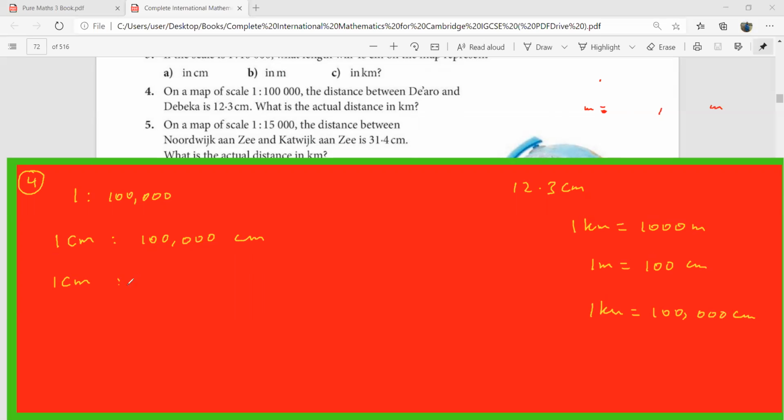Okay, so this means 1 cm is clearly representing 1 kilometer. Yes. So if there is 12.3 cm on the map, this is exactly 12.3 kilometers on the ground. Okay? So that is 12.3 kilometers on the ground we have.